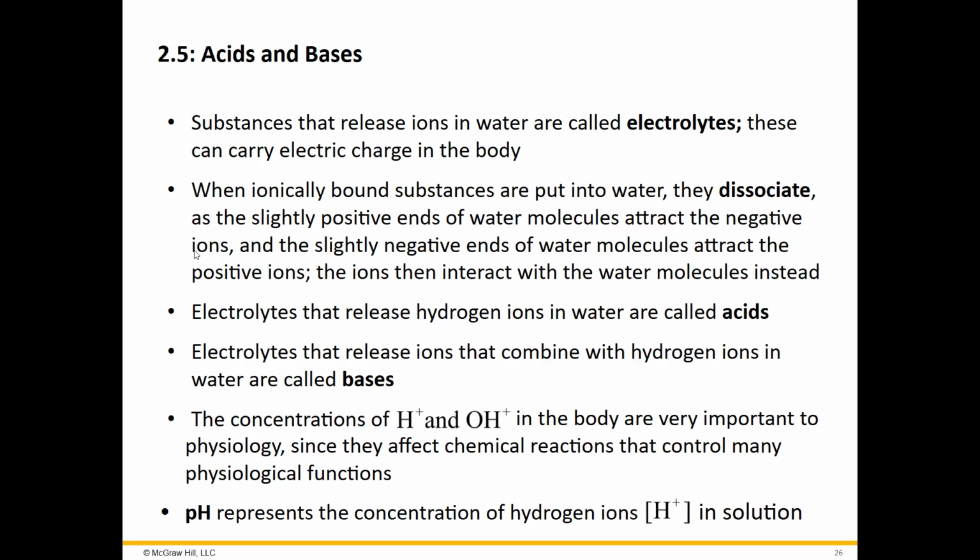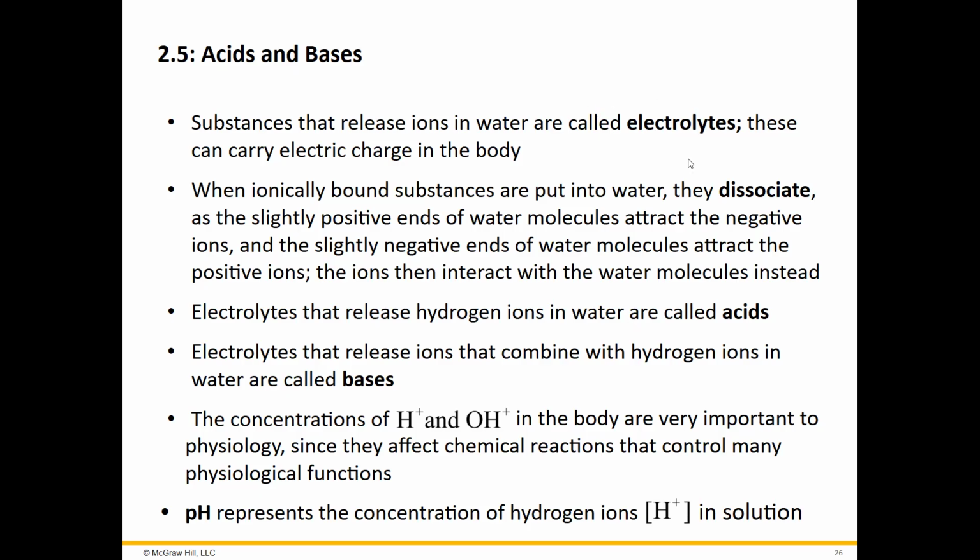So when you have an acid-base reaction, and again, I'm not going to give you reactions and ask you to tell me the reactants and the products. This is not organic chemistry. But when you have an acid-base reaction, you form ions in water. You drop the ionic substance in water, it dissociates back into its ions.